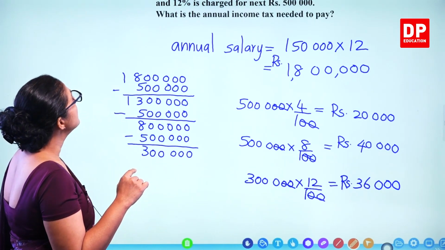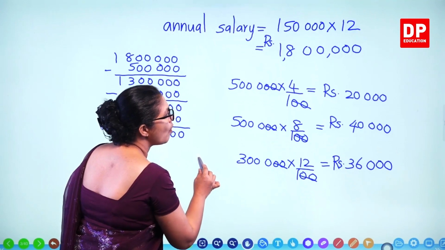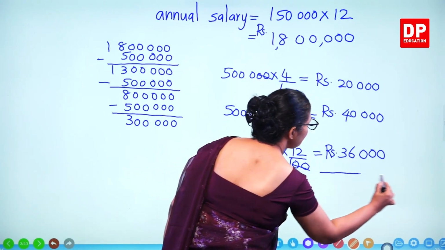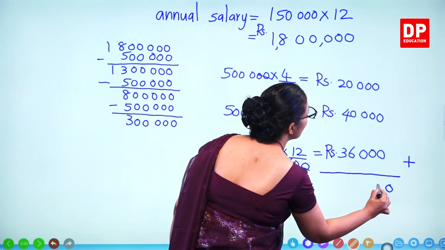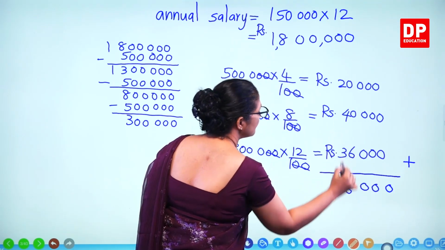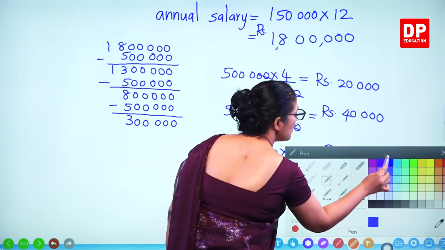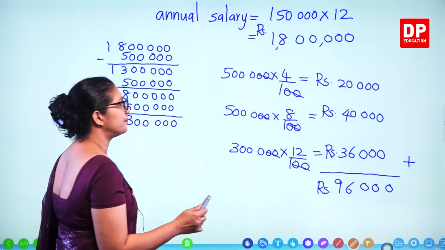So what's the annual income tax? We have to add all 3 together. 6, 9. So 96,000 is the annual income tax.